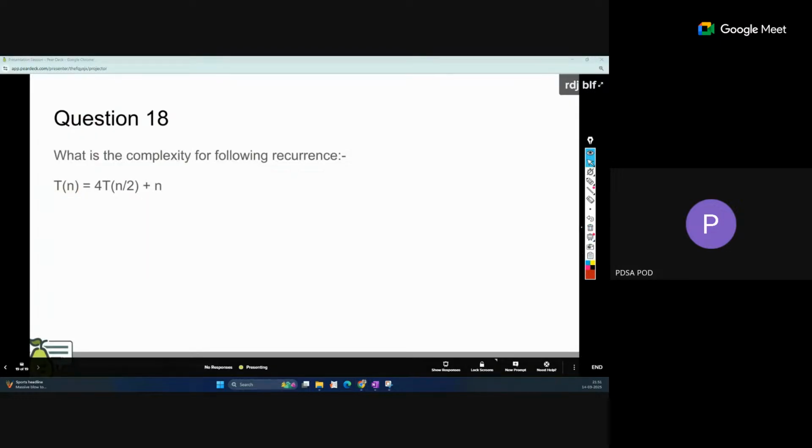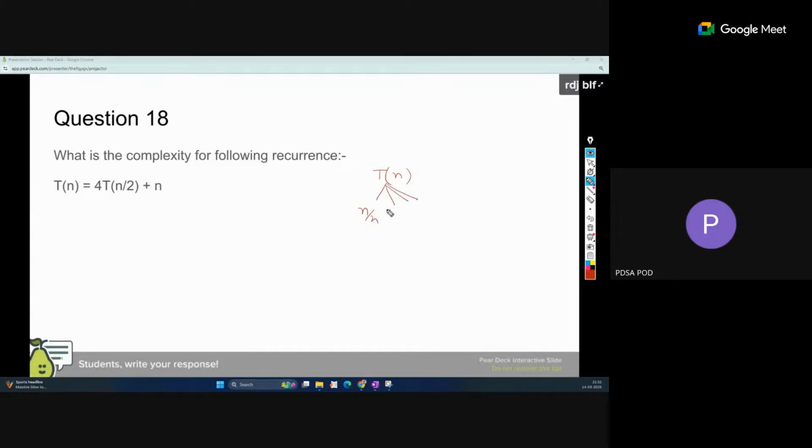And what about this? So this is the increasing case. T(n) now becomes 4 calls, each of n by 2. Here this was n, but this time if you add this, you will get 2n, so 4 into n by 2 is 2n. In this way, again it will divide 4 times, so n by 4 at each, and 16 times: 4 into 4 is 16, 16 into n by 4.